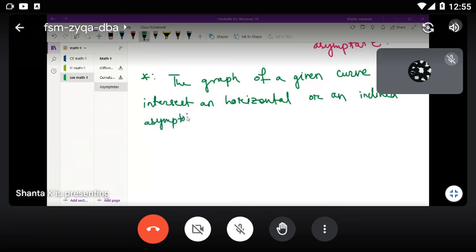This is one note you have to remember. Don't think that it only meets at infinity. It's possible that it can meet it earlier.